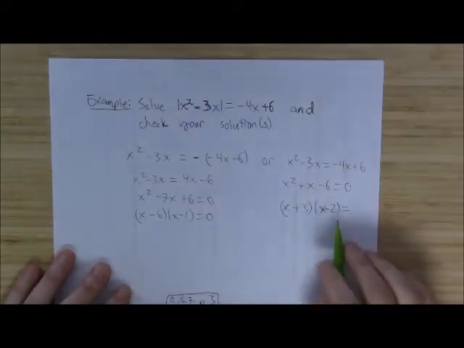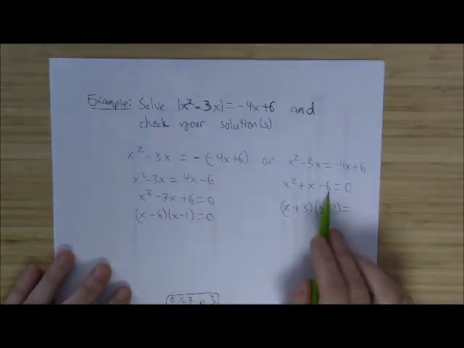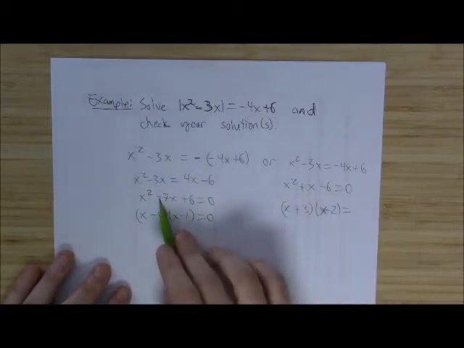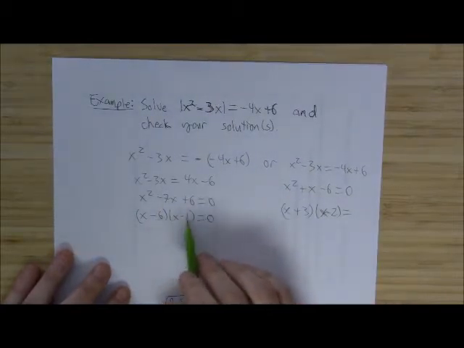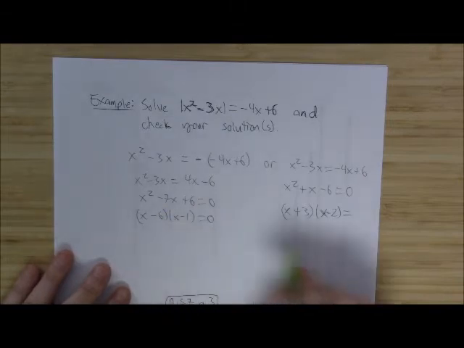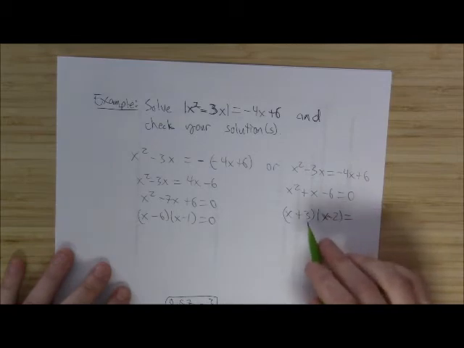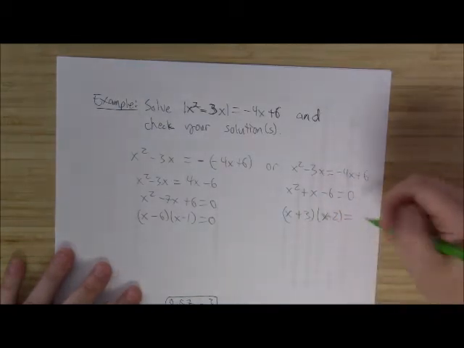Again, in case you're rusty on your factoring, you're trying to find two numbers that multiply to that, but add to that. So here, negative 6 times negative 1 gives 6, but negative 6 plus negative 1 gives negative 7. Here, 3 times negative 2 is negative 6, but 3 plus negative 2 is 1.